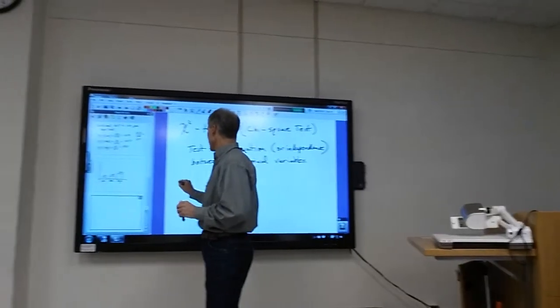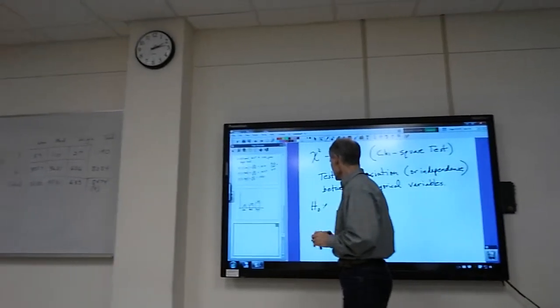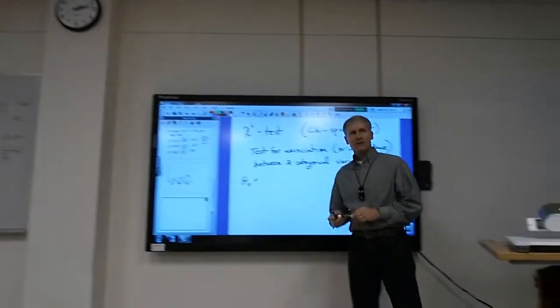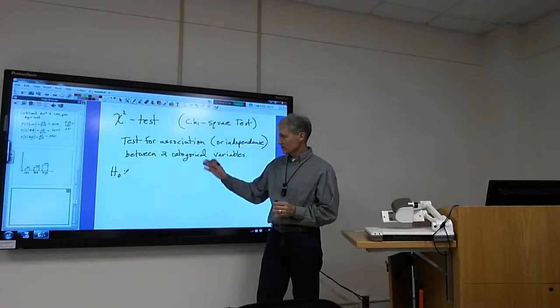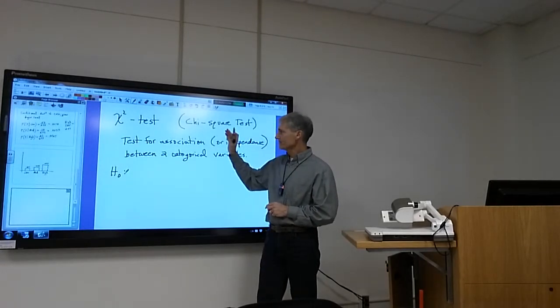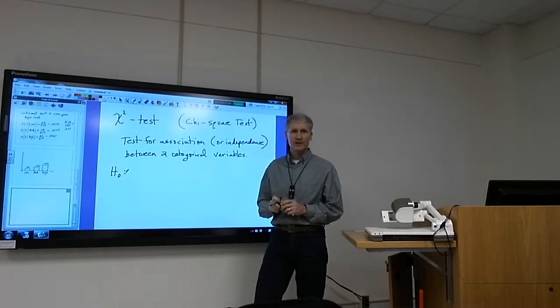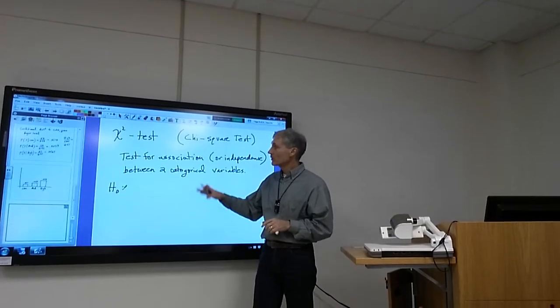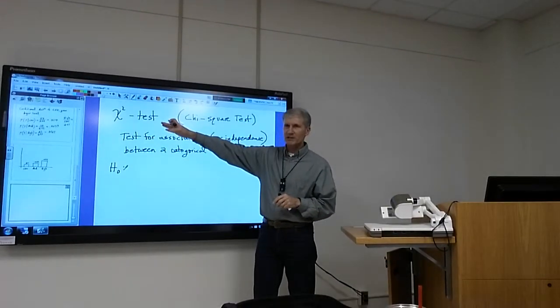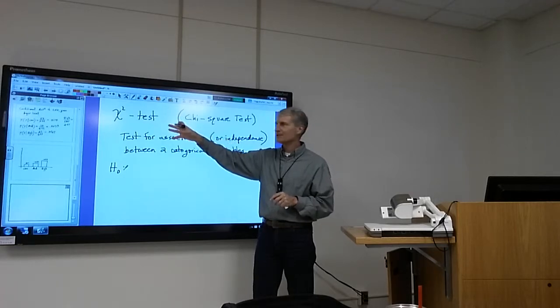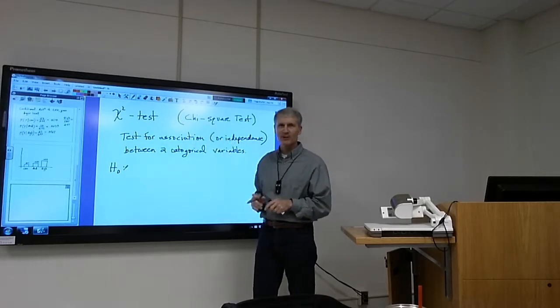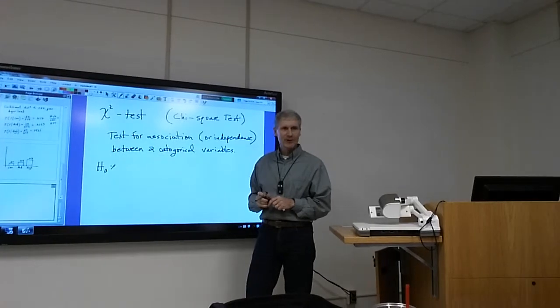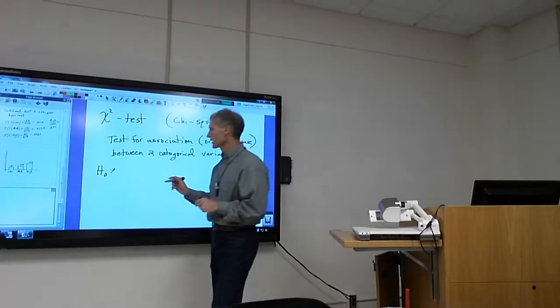So the null hypothesis, we tend to just write the null and alternative hypotheses as sentences instead of mu equal this, or mu1 equal mu2, or p1 equal. You could do it with p's, but the number of p's in your statement depends on how many columns and rows there are in your table, so we just say it like this.